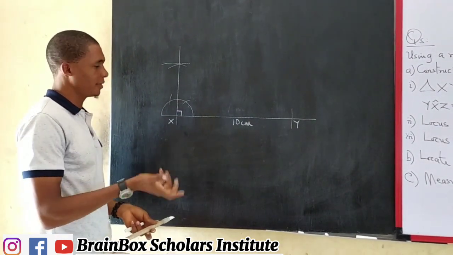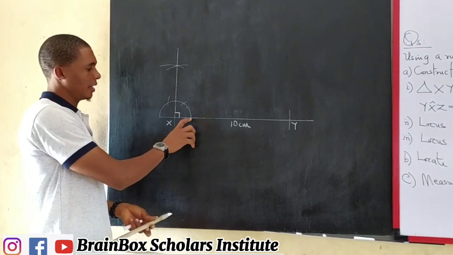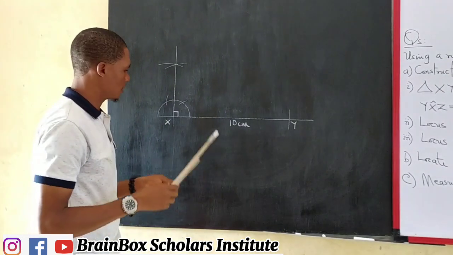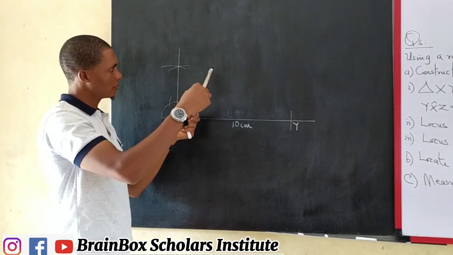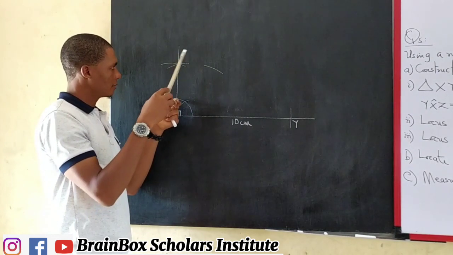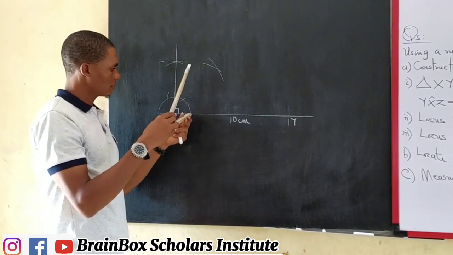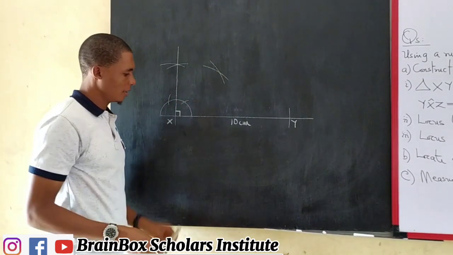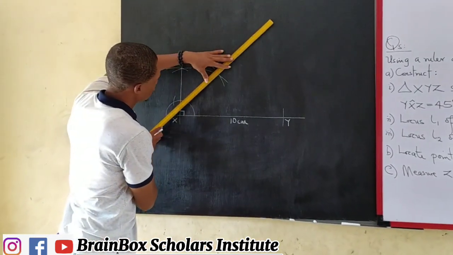So I'm going to use the already existing arc, which is this one. Place my compass here, make an arc. Place my compass here, make an arc, and bisect 90 degrees. Now I have to draw.